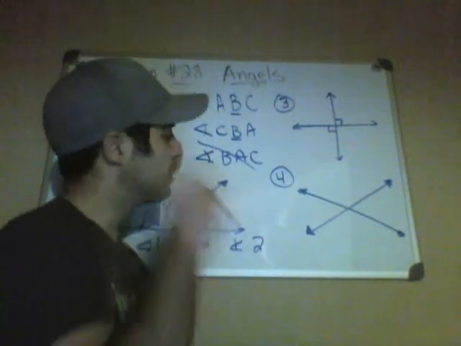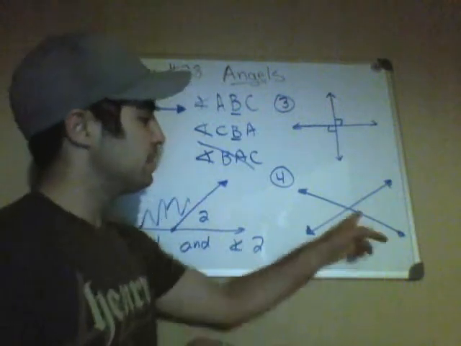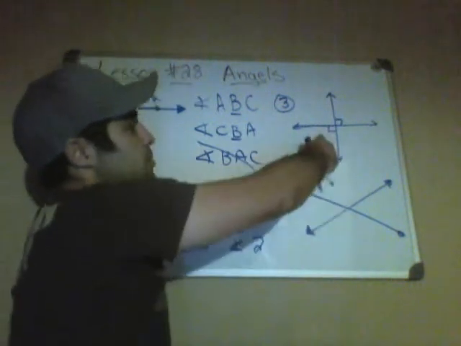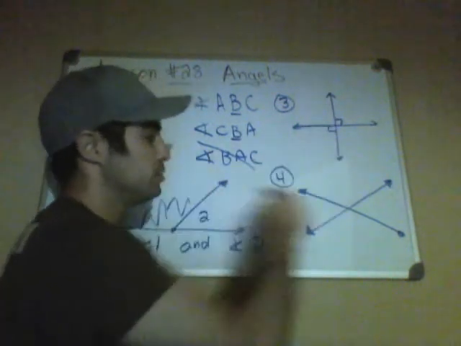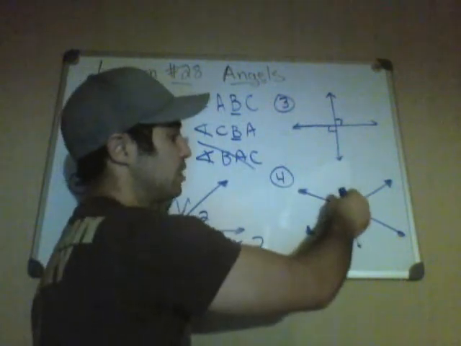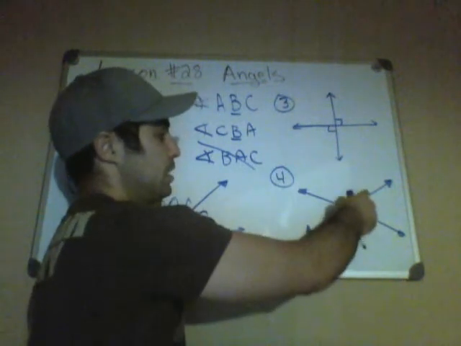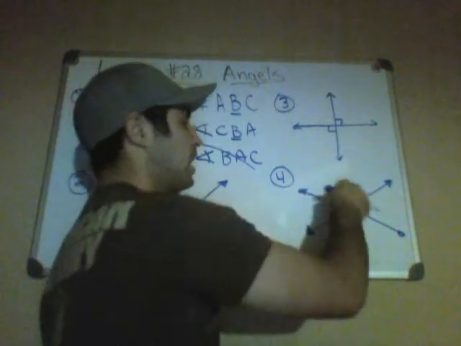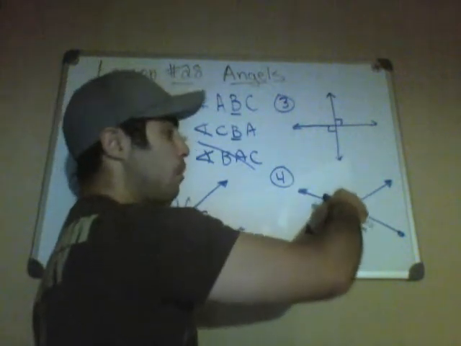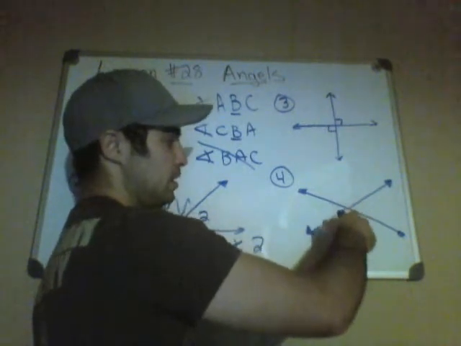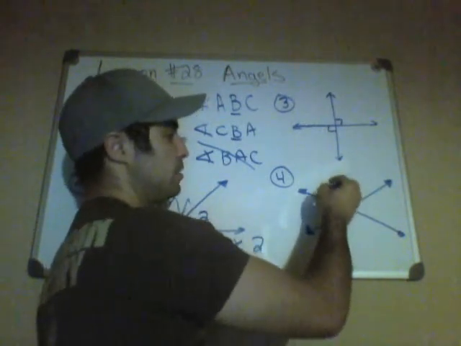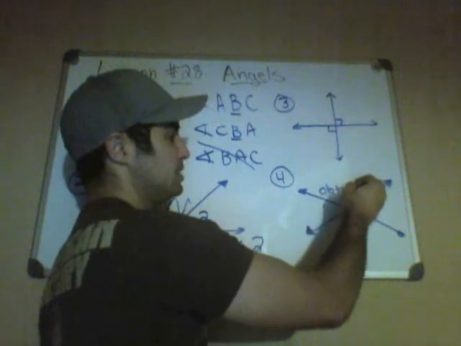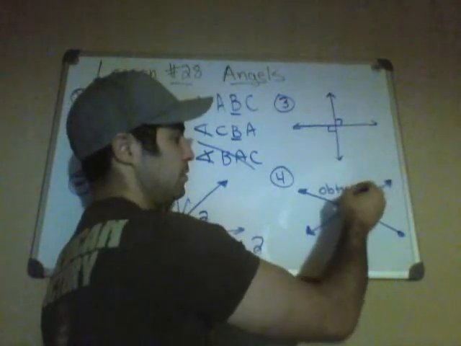Okay, example number 4 here. If you have oblique lines that intersect here, they're not perpendicular, meaning they don't have 90-degree angles. You can see that there's a lot of space in between this line and this line over here. If you have a lot of space that's more than 90 degrees, that would be known as an obtuse angle.